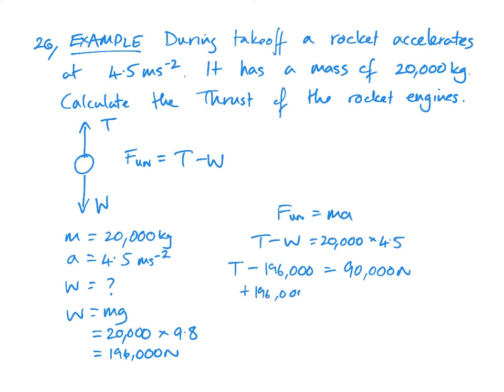Notice it's not a multiplier or dividing here. I'm going to add 196,000 to both sides. That leaves me T on the left-hand side. And do my calculation: 286,000 newtons. Strictly speaking, specify the direction: upwards.